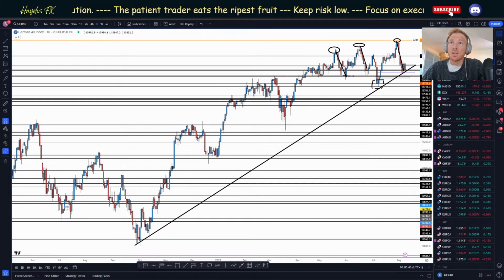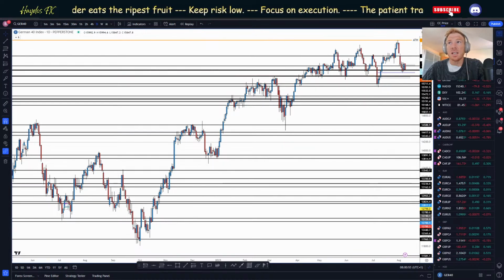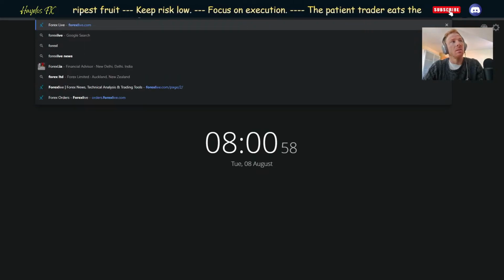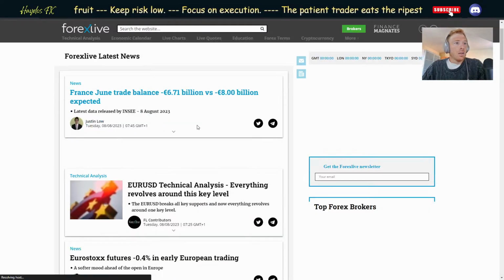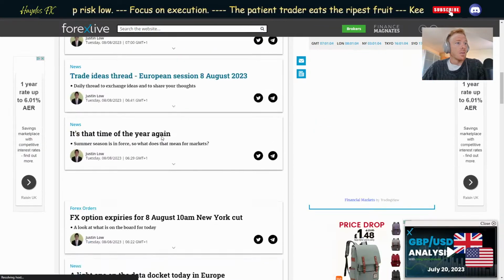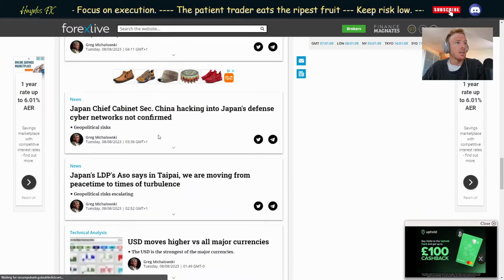I think Germany CPI helped to create the volume. German final CPI 0.3%. Yeah, they are seeing slowing. Where was this thing? Because there was an article the other day.